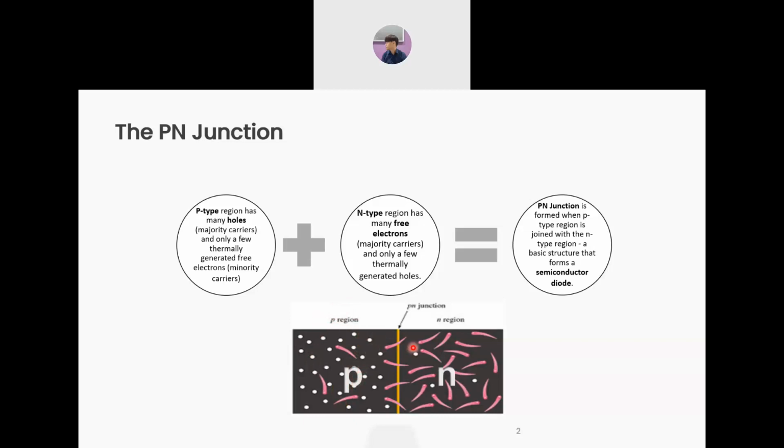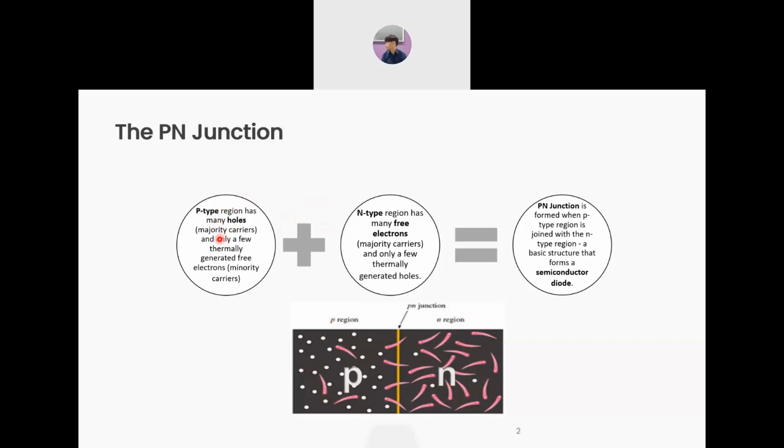The opposite is the n region, which has negative charge, as the majority carrier is the free electron, compared to the minority carrier, which is the hole. Here in the p region you have majority carrier holes, meaning positively charged. In the n region you have majority carrier free electrons, which makes the n region negative. So this is the explanation here.